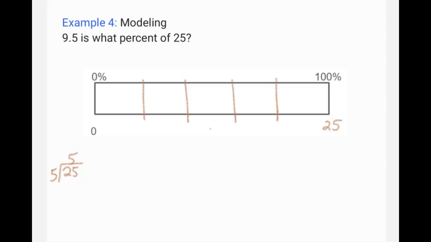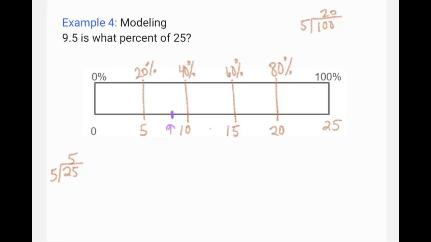So each of them is going to be worth a 5 value. So that's 5, 10, 15, 20, and then 25. Then 100 is divided up into 5 spaces, so that's going to be a value of 20% each. 20%, 40%, 60%, 80%.